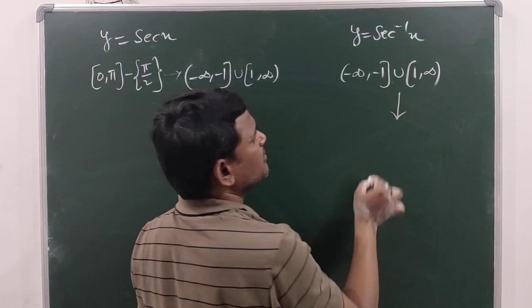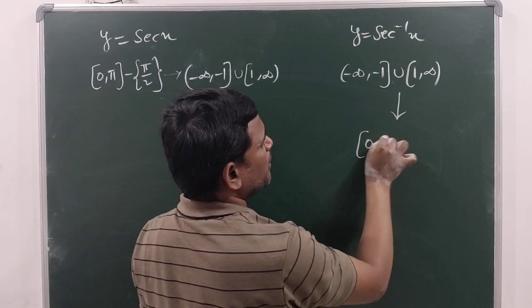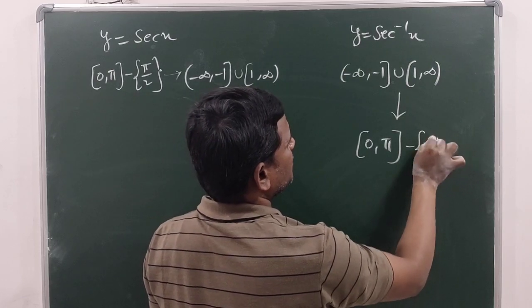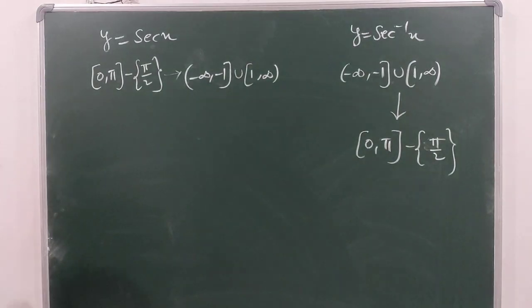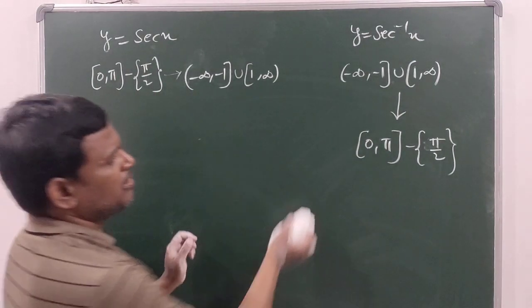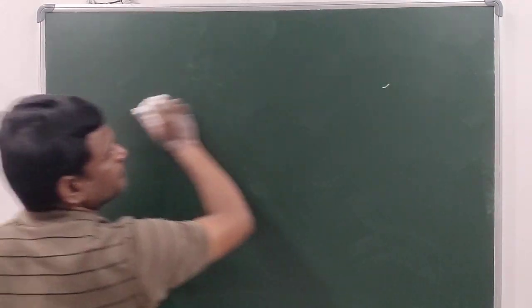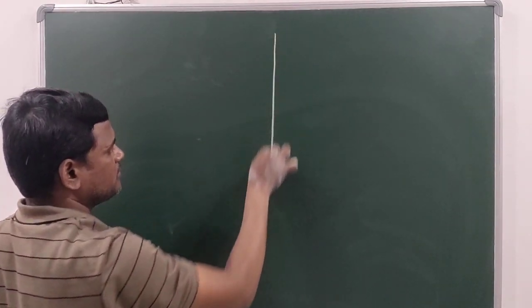Whereas the range will be the closed interval of 0 to pi. But okay, you get the breaks at 90 degrees. Okay, now shall we see both graphs on the same graph paper? Now let us go to the graph part. Right, see this.